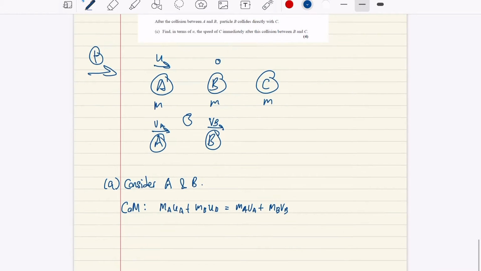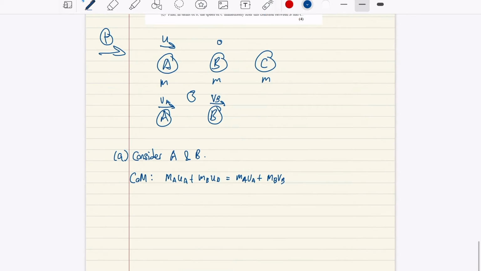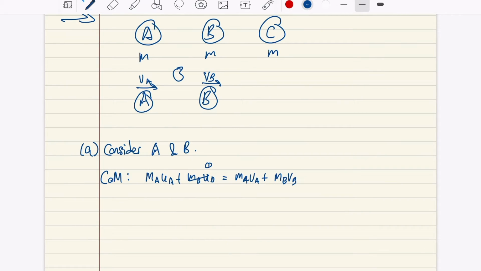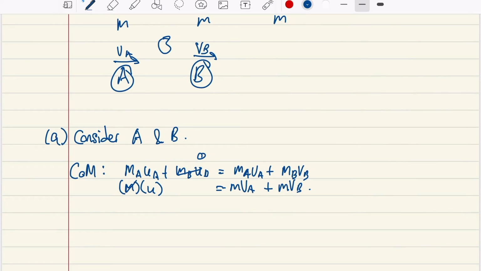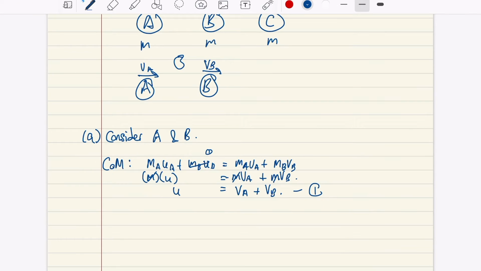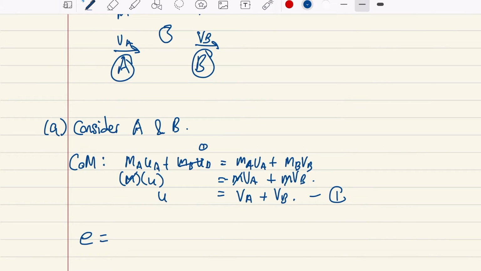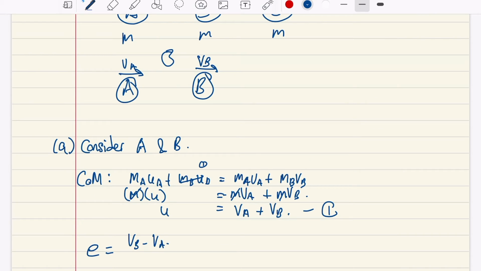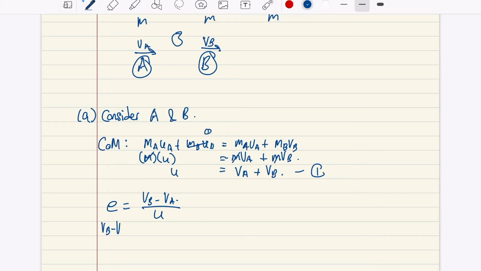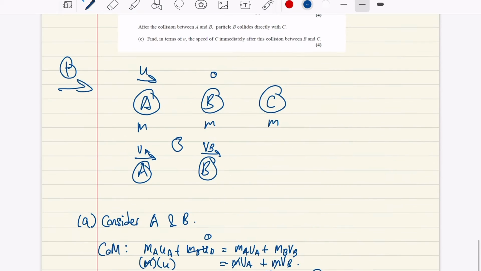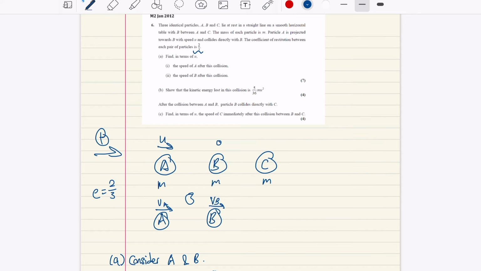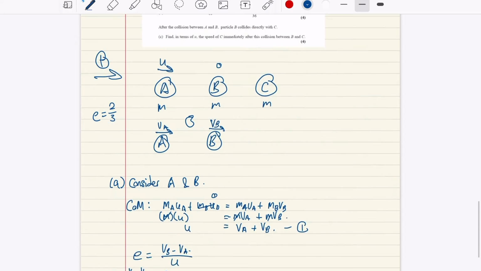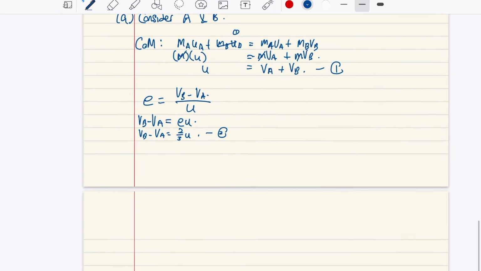So B is at rest, so UB will be 0. Since they want us to find the speed of A first, we can eliminate B first.